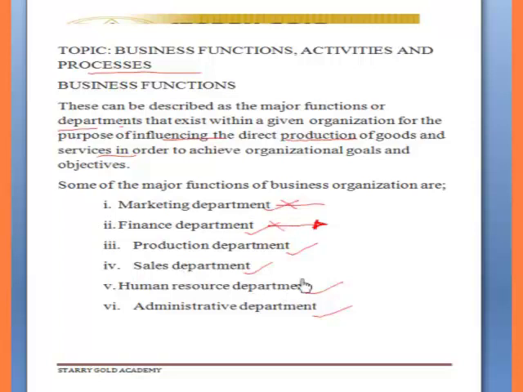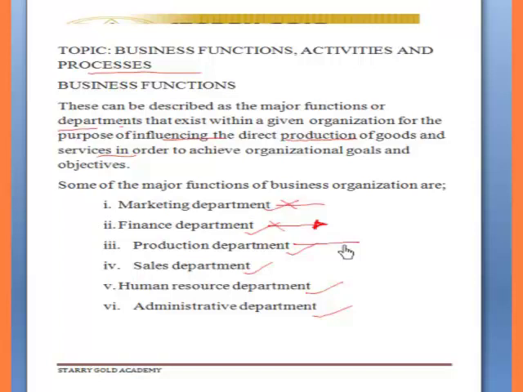Likewise, the production department is also established to carry out various business activities. The main activity usually carried out at the production department is developing measures that will help to facilitate the direct production of goods and services. That function or department must combine various resources, both human and material, which will help it to achieve sound productive use, as well as facilitating the direct production of goods and services, the purpose of which is to achieve set goals and objectives.